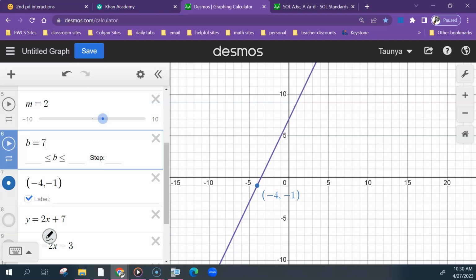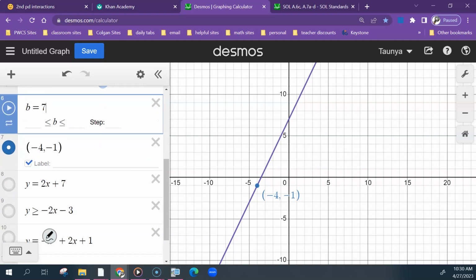So then that equation would be y equals 2x plus 7. And that would be the one that's parallel to the original that goes through that point. Questions on that one?